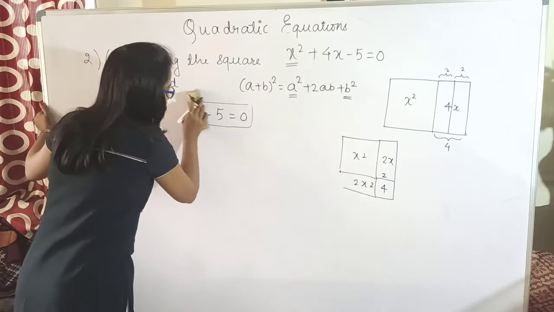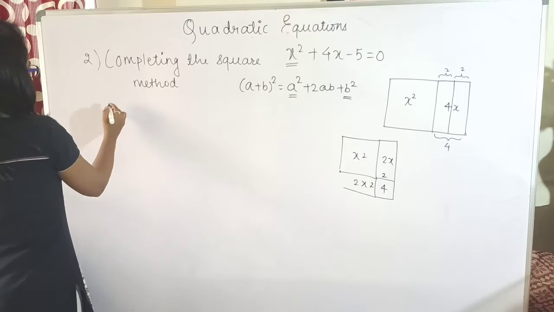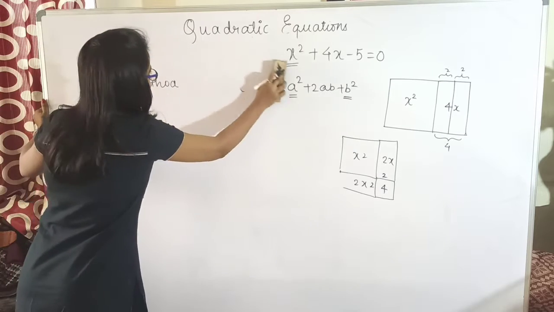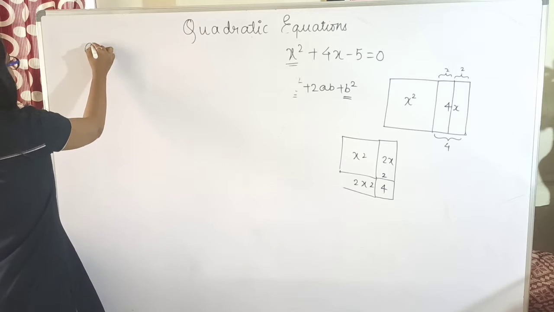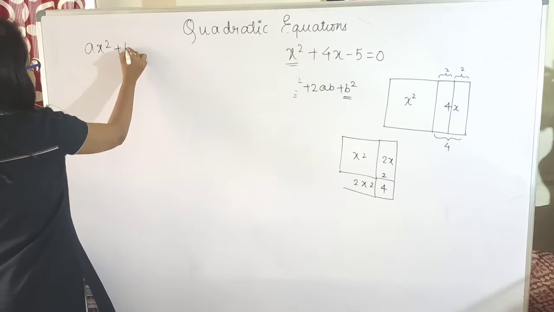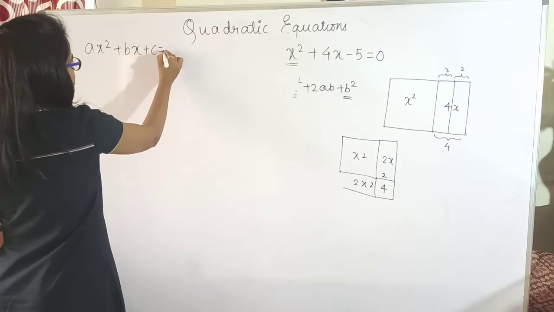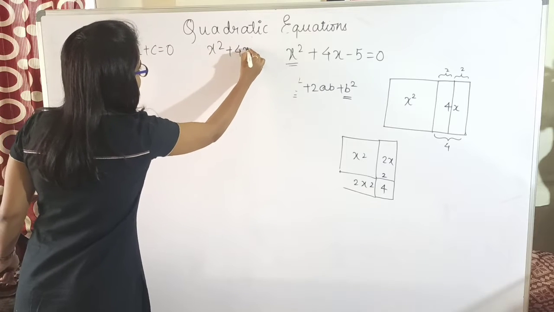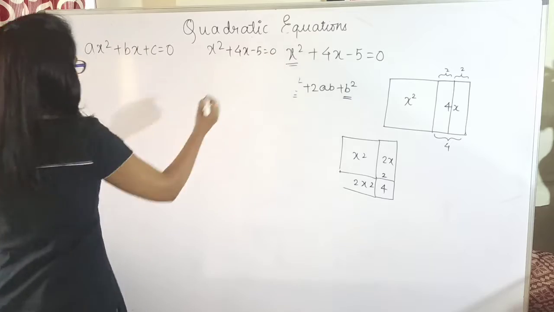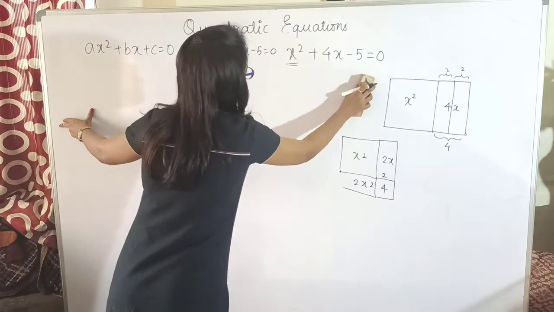So let us write down the standard form of the quadratic equation, which is ax square plus bx plus c equal to 0. And my question was x square plus 4x minus 5 equal to 0. Okay, the same expression.